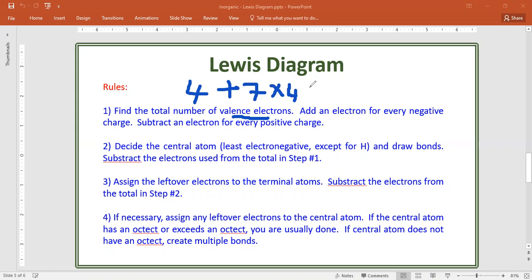The total is equal to 32. That we have to calculate. That is called the total valence electrons, in our example 32.